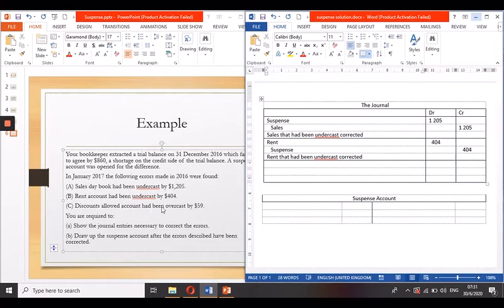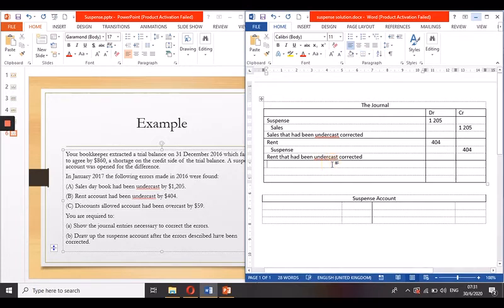Discount allowed account had been overcast by $59. And we know that discounts allowed are an expense. And if they say they had been overcast, it means they had been overstated. So we need to reduce the discount allowed by $59. And since expenses have debit balances, to reduce this amount, we have to credit the discount allowed with $59.